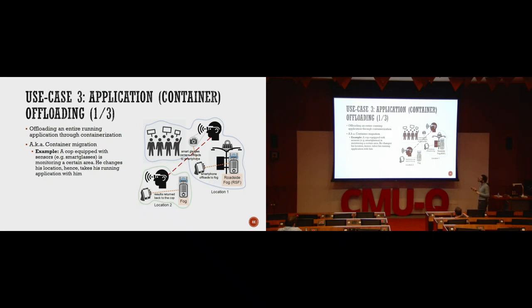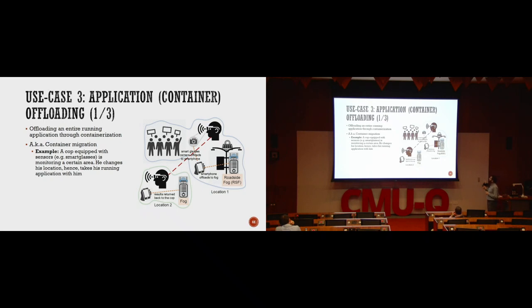Let's see this example. For example, you have a cop with visual sensors installed, for example, smart glasses with camera or a body camera. The cop is monitoring a certain event or a location, and the cop moves from one location to another location, or the cop hands over the duty to another cop.